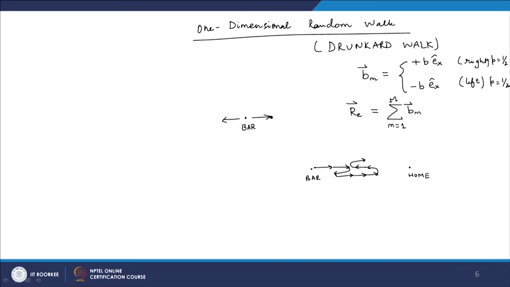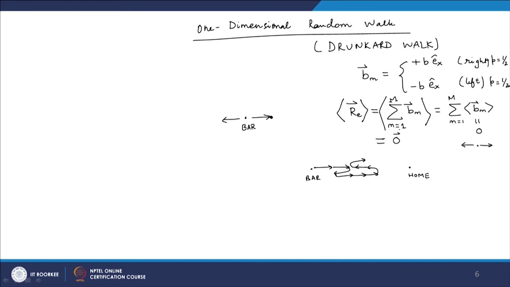So now if I take an average over this, by the same kind of a rule, I do get something like this, and again the ensemble average of any particular step will again be 0, because he can go to the left or to the right with equal probability. So this must be equal to 0, and so again the average of the end to end distance vector must be equal to a null vector.